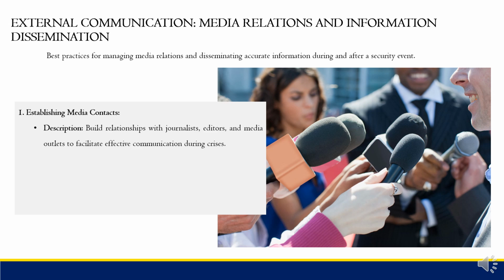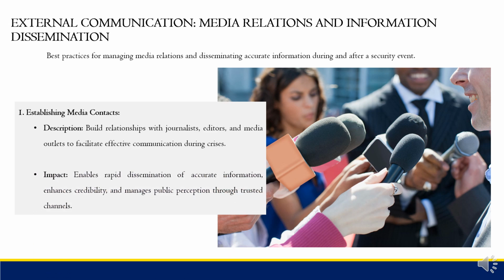Description: build relationships with journalists, editors, and media outlets to facilitate effective communication during crisis. The impact: it enables rapid dissemination of accurate information, enhances credibility, and manages public perception through trusted channels.